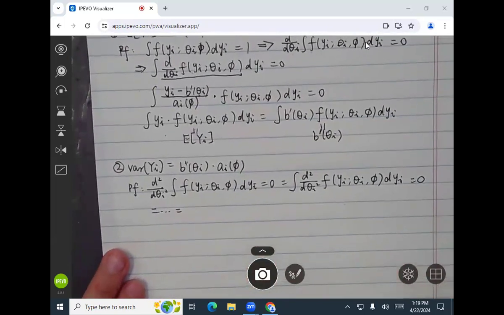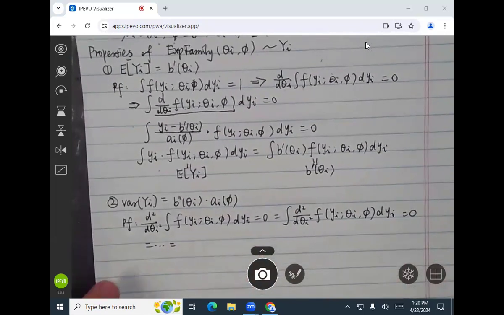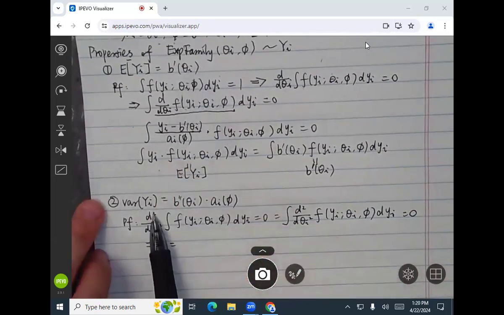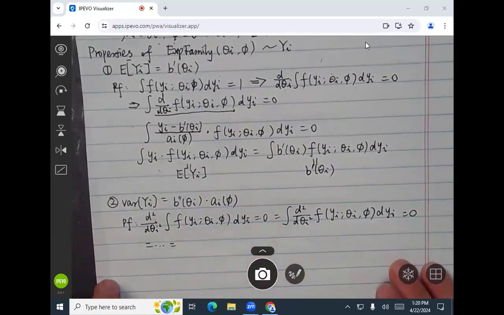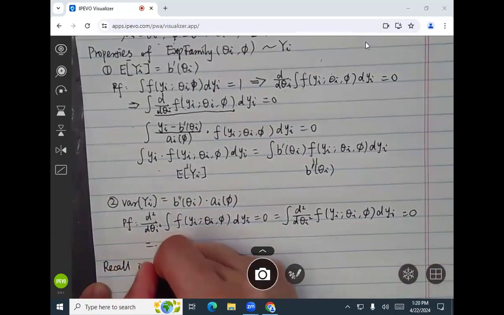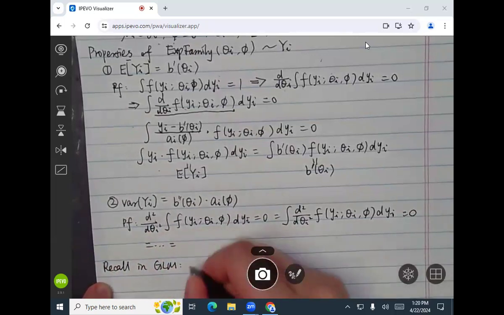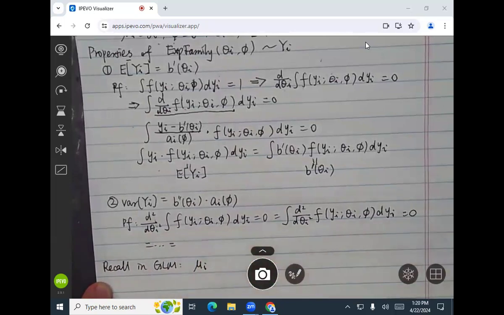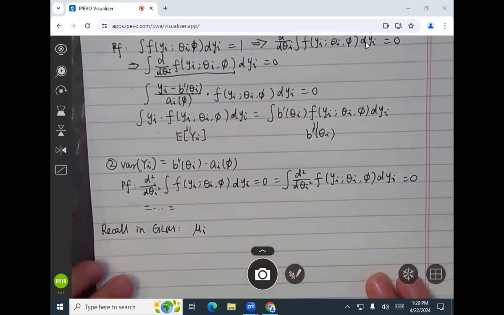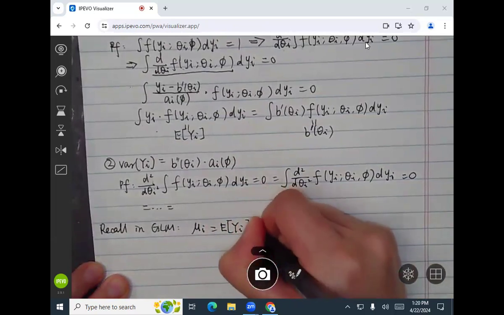Okay, so that's the nice property about the mean and the variance. So now one thing we want to say is that, recall in GLM, we define mu I, the mean parameter, as the expectation of yi.